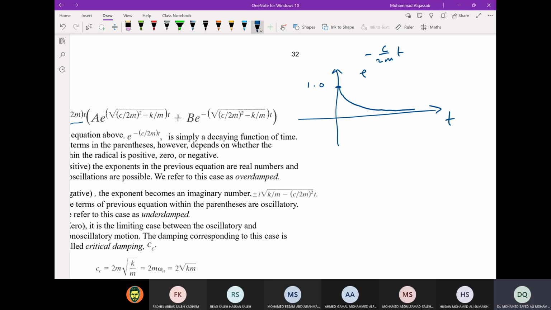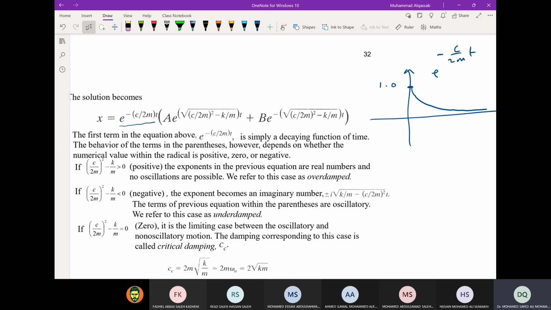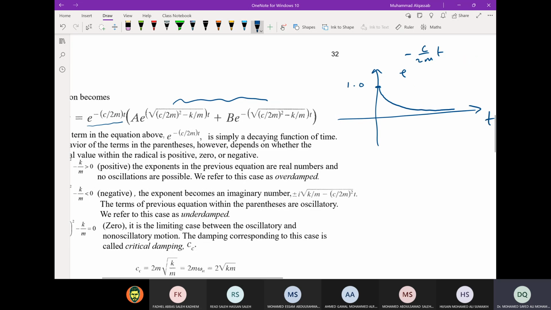Okay, this gives us an idea that whatever the behavior of the two functions inside the parentheses, the amplitude will always be decaying if c is not 0.